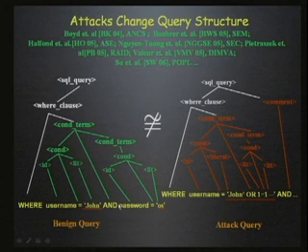If you see here, you have an AND in the condition term, whereas an OR in the condition term in the attack query. And you have a comment there, and you don't have a comment here. So if you compare the parse structure of the two trees, this is the programmer intended, benign query, and this is the attack query. So the parse trees are not isomorphic. This is an observation that has been made in several works on SQL injection. So we want to start from here.